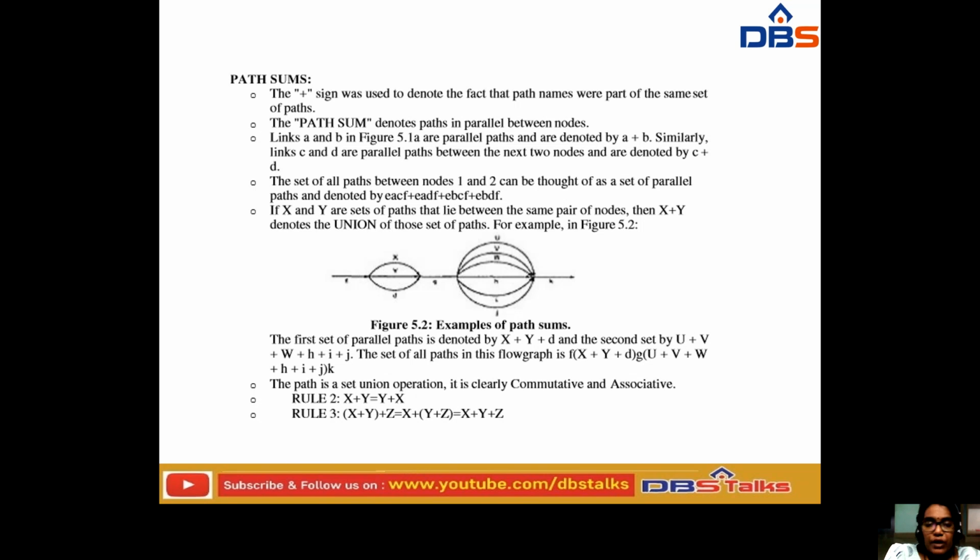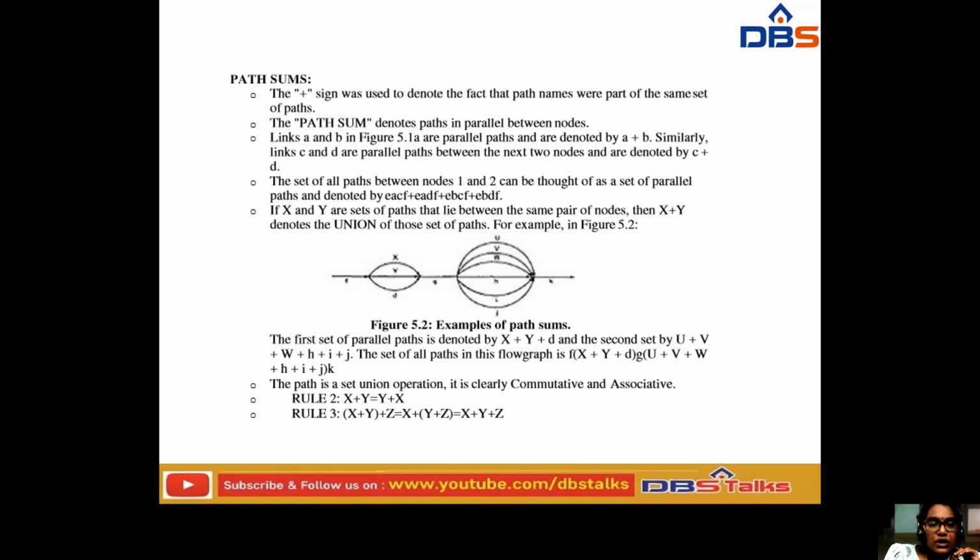For example, in figure 5.2, these are the examples of the path sums. Here, if we observe the first set of parallel paths, it is denoted by x plus y plus d, and the second set is denoted by u plus v plus w plus h plus i plus j.